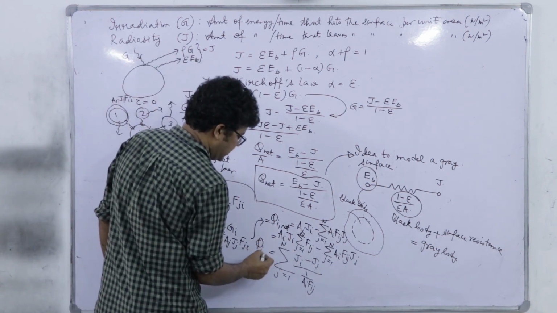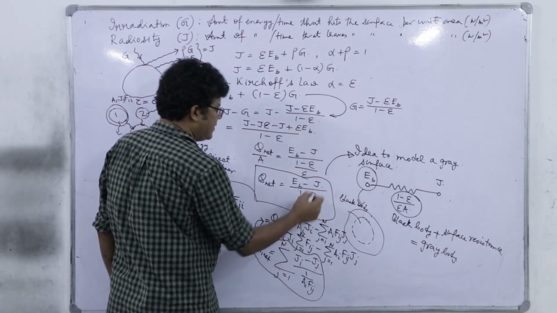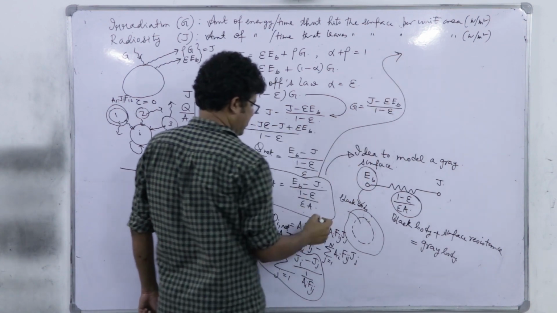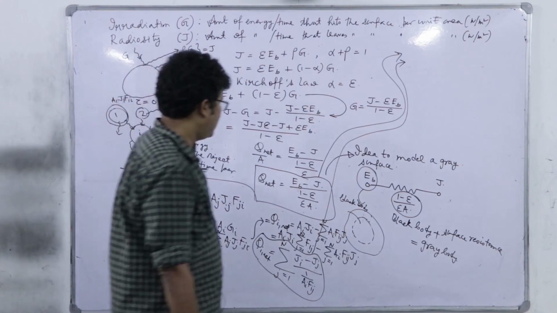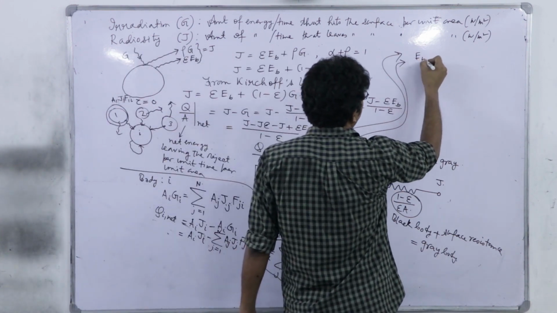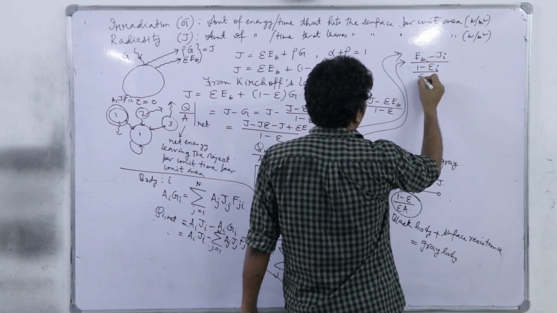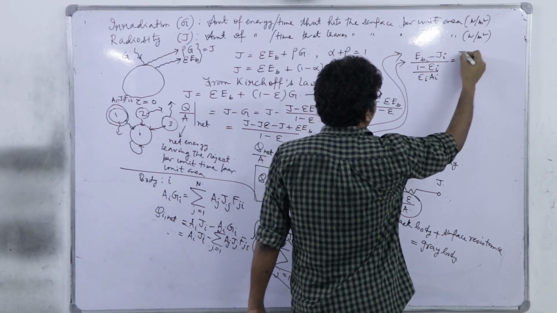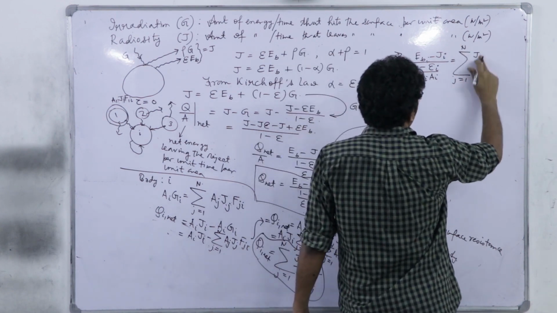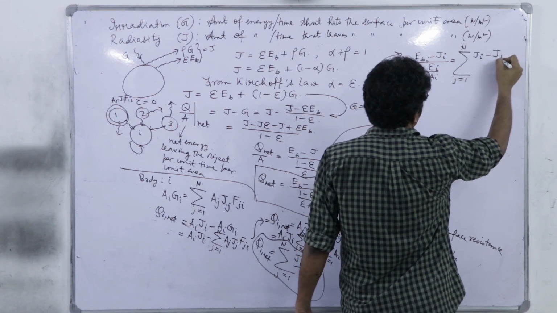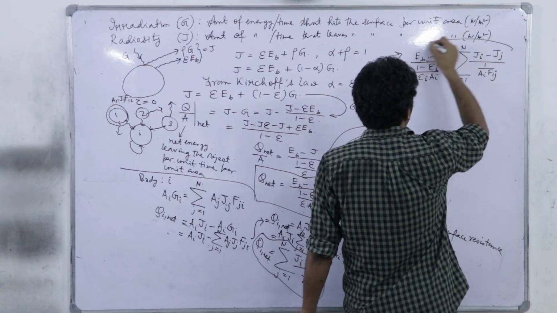So combining these two expressions, I will get the equation Ebi minus Ji divided by (1 minus epsilon i) by (epsilon i Ai) is equal to the summation over j equal to 1 to n of Ji minus Jj divided by 1 by Ai Fij, right.